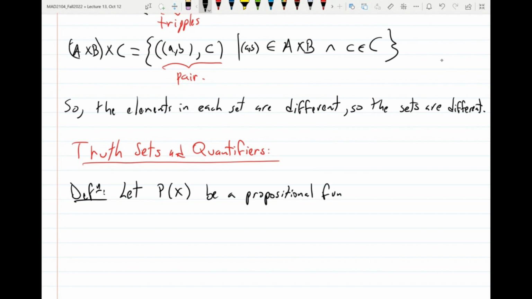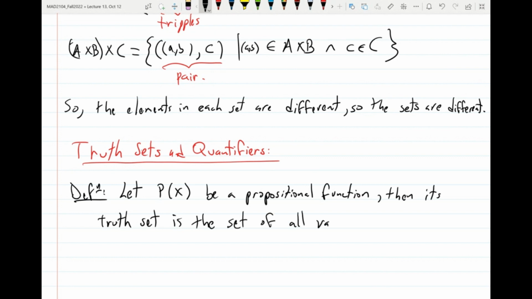Then its truth set is the set of all values of X that make P of X true.